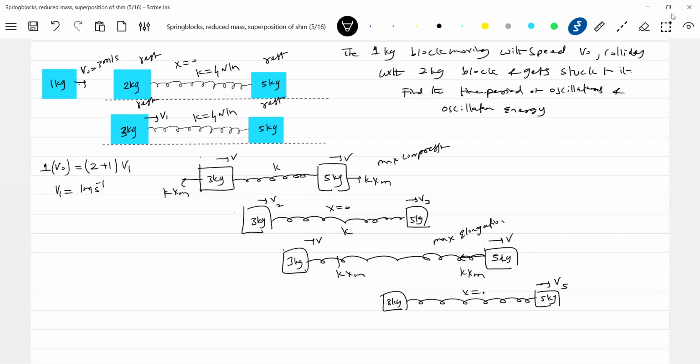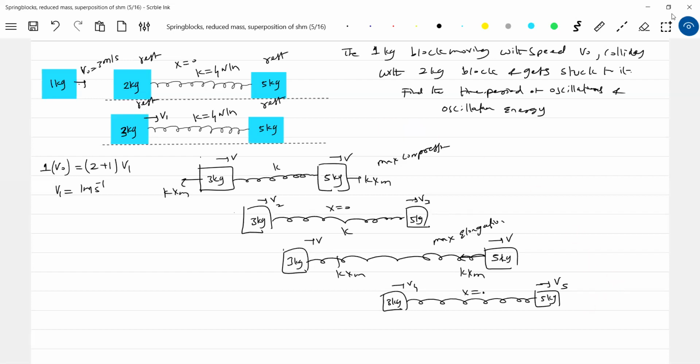I'll call them V5 and V4. So like that, what happened? This cycle will get repeated again and again. So this is T equal to 0. So this is T equal to T. This is one cycle. Like that, the cycles will keep on repeating, and it's an oscillatory motion.